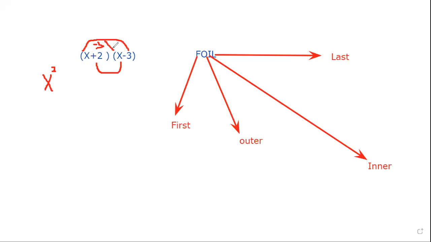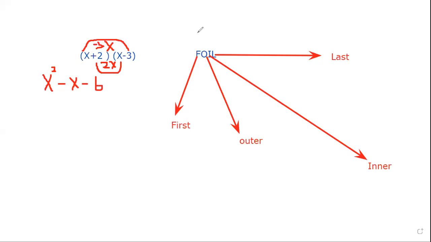And the inner will be positive 2x. They are unlike terms, so we can add them together. Negative 3 plus 2 is negative 1, so we have negative x. After that, 2 times negative 3 will be negative 6. So this is how we can simplify any two binomials.